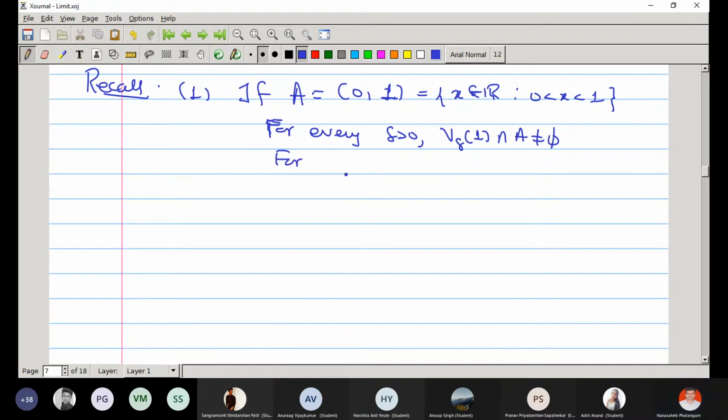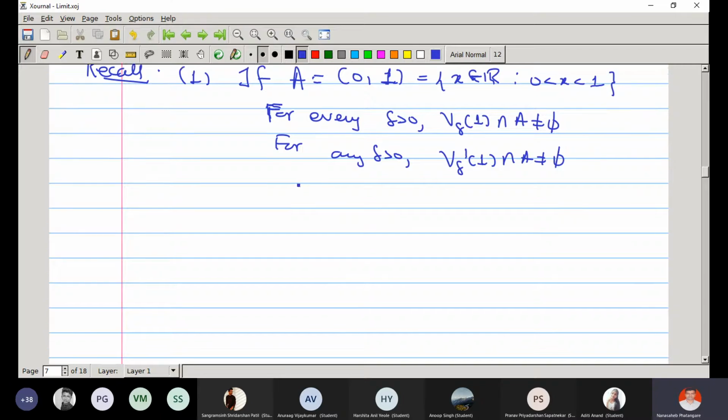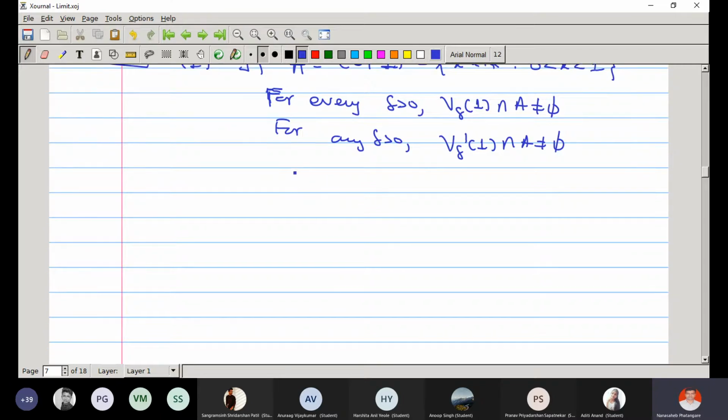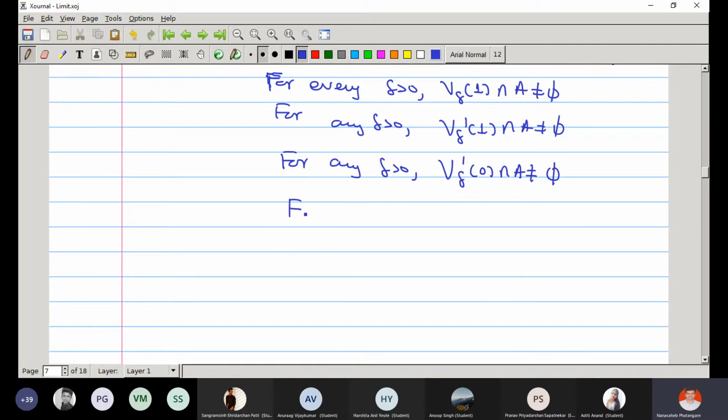For any delta, the deleted delta neighborhood of 1 intersection with A is also non-empty. Do you understand this? Is it clear? For any delta, yes, the deleted delta neighborhood of 0 intersection with A is non-empty, right?